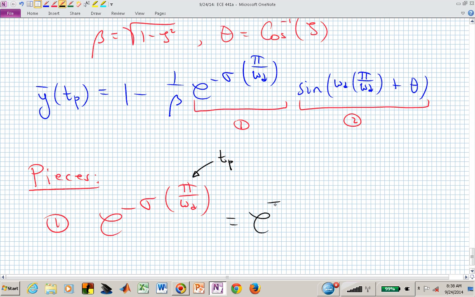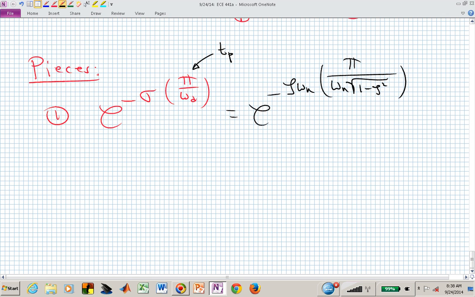But sigma is zeta omega sub n, parameterized in that form, and omega sub d is omega sub n square root of 1 minus zeta squared. Those omega sub n's cancel, and we now have that this piece is equal to e to the minus zeta pi over the square root of 1 minus zeta squared. That's our first piece.